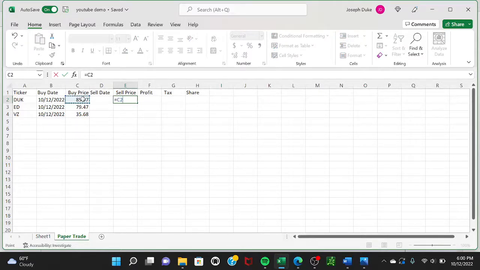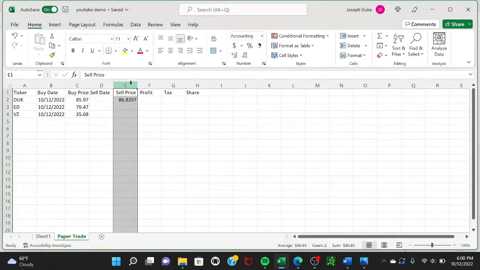Oh, the laptop keyboard is different than a regular keyboard. Let's see if we can figure this out here. Shift 8 times 1.01. Bam. Now what we need to do is just make this money. Pink. And it'll do all the rounding for us. If you double click here, oh, look at that. Filled them all in. There you go.